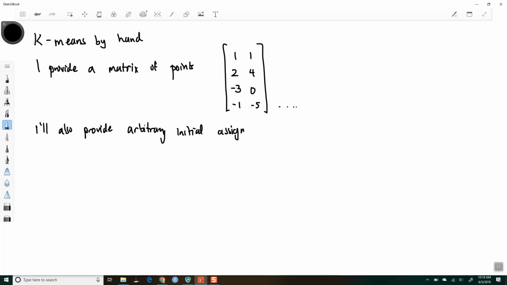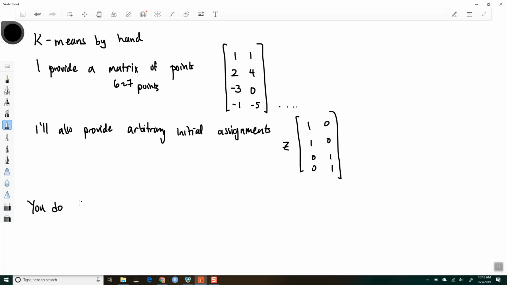I guess this will be like 1, 0, 1, 0. Probably this will be 6 or 7 points. Okay. And then you do, I'll test how long this takes, 1 or 2 iterations of K-means clustering.